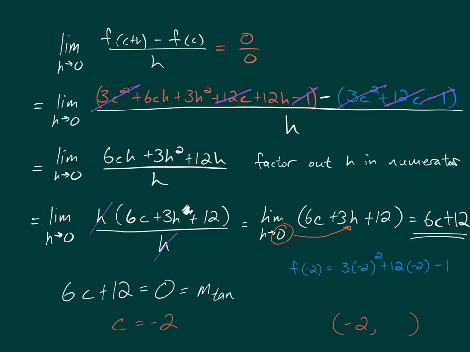And when you crunch all these numbers, you get negative 13, which would be the y-coordinate. So there's a horizontal tangent line of the original function f of x at the point negative 2, negative 13.